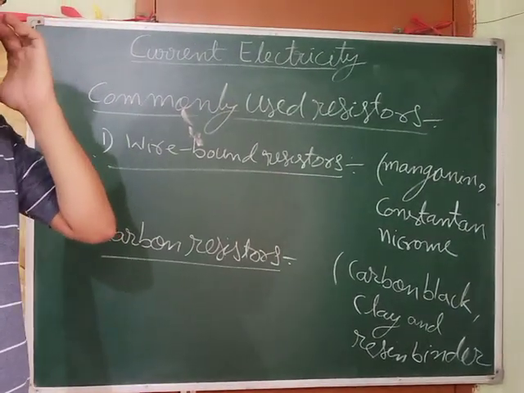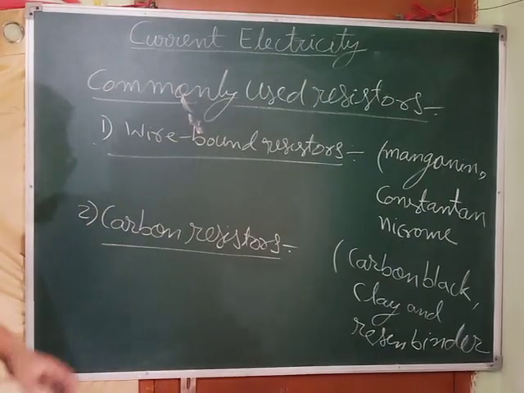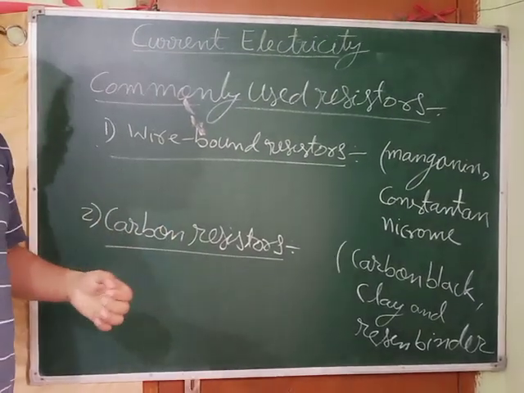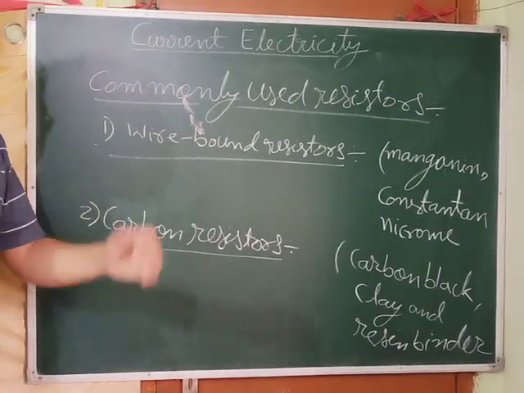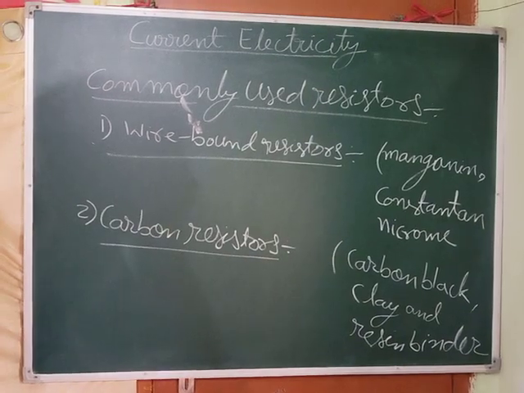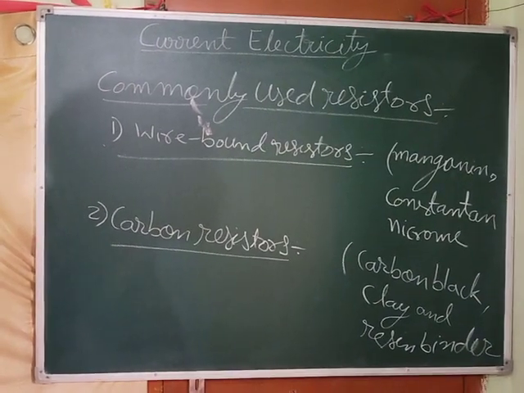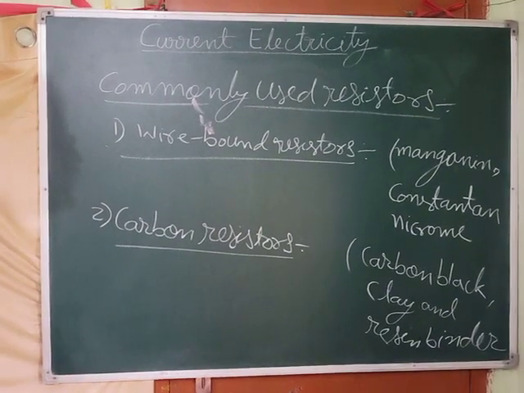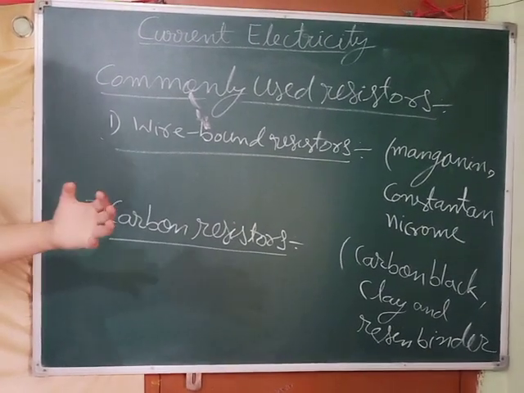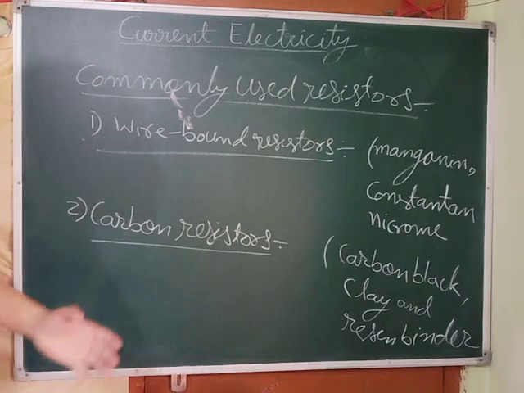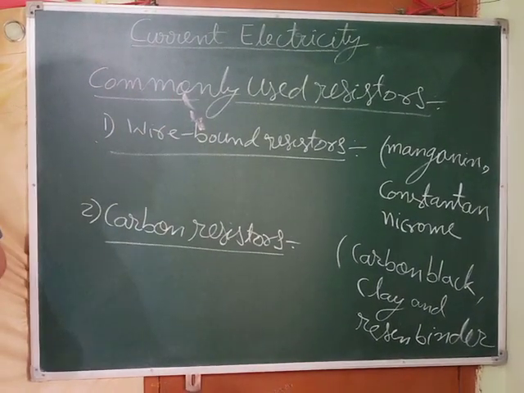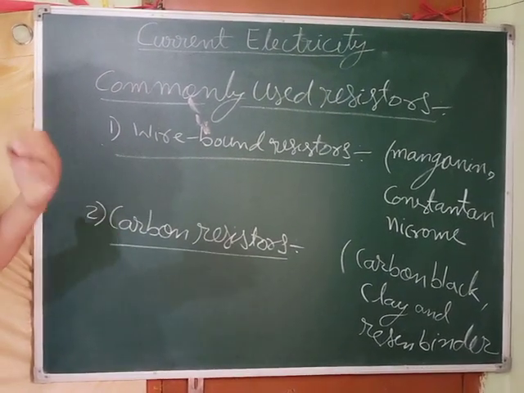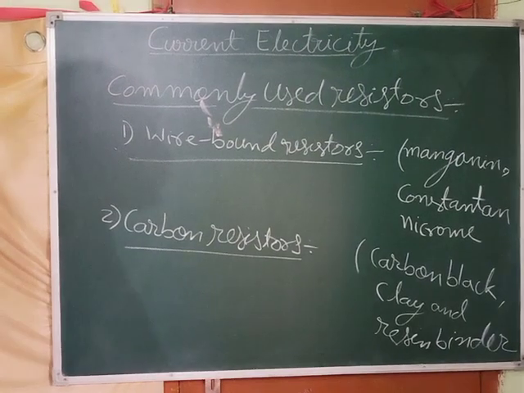Now see what its advantages are. Write the first point: it can have resistance from a few ohms to millions of ohms.